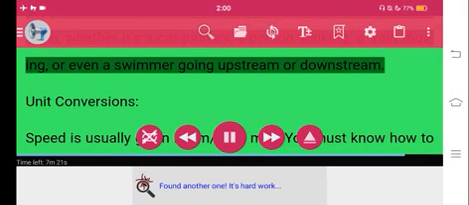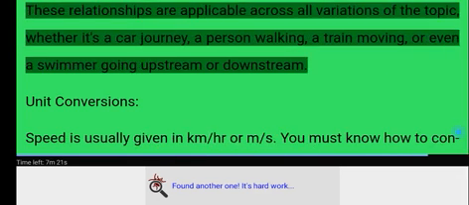These relationships are applicable across all variations of the topic, whether it's a car journey, a person walking, a train moving, or even a swimmer going upstream or downstream.